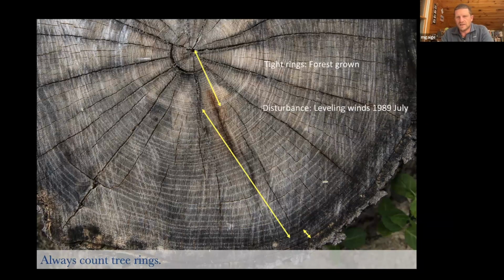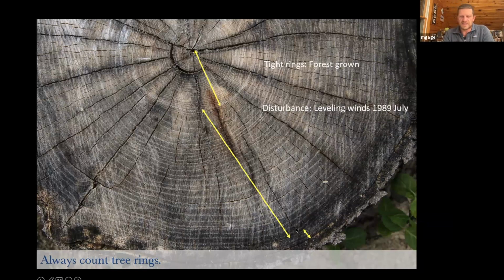And then in July of 1989, there was a massive storm in this area. And the property that this tree is on is about 200 acres, and they lost over 600 trees in that event. And so the overstory was taken away. This tree was given full light, and then it grew very, very quickly for the next 30 years.